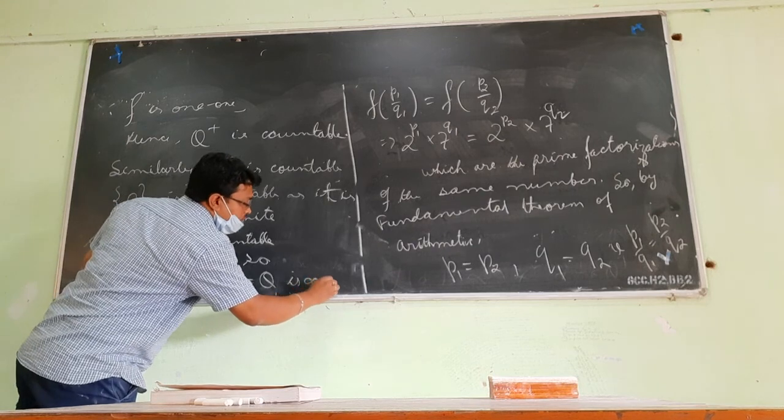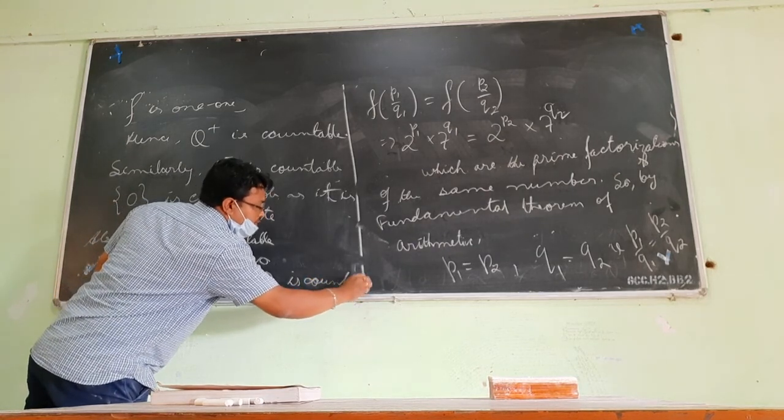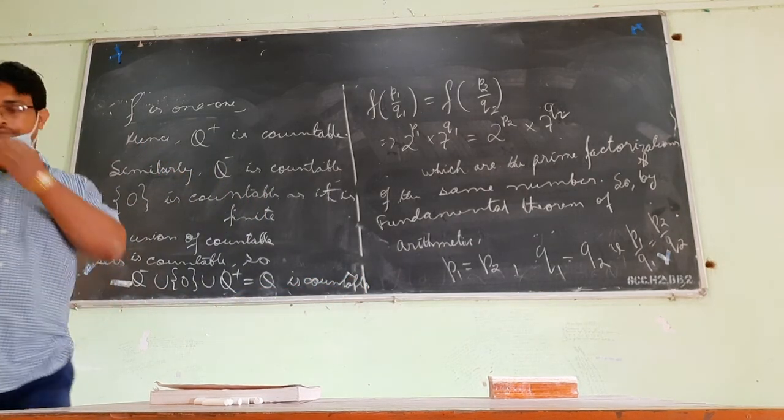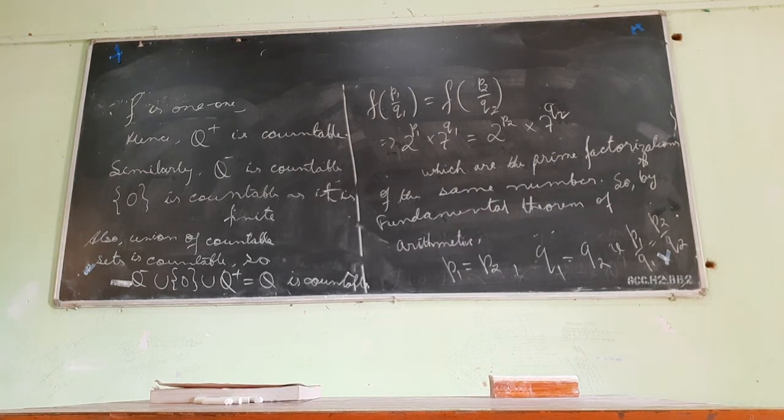So the set of rational numbers is a countable set. There are as many rational numbers as there are natural numbers. We cannot say that there are more rational numbers. Same number of rationals and naturals. Clear?